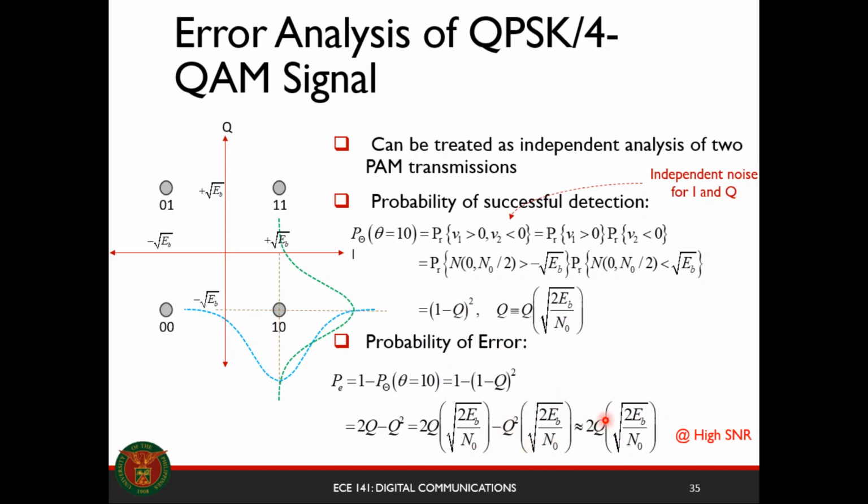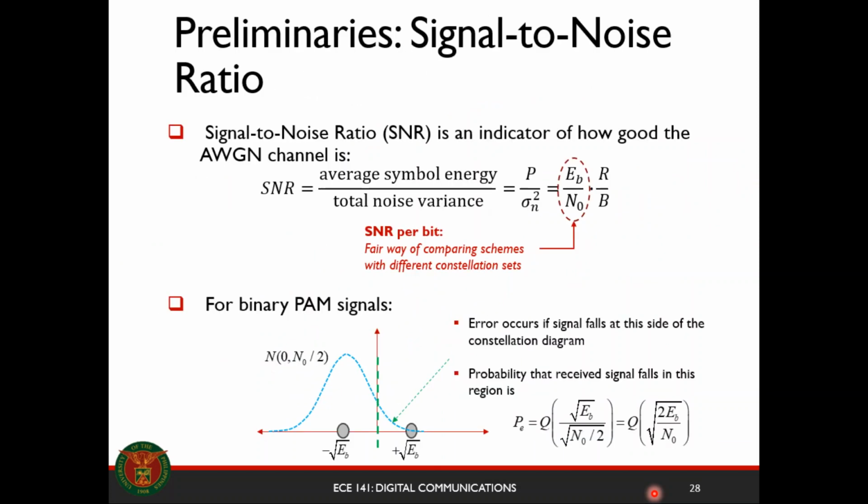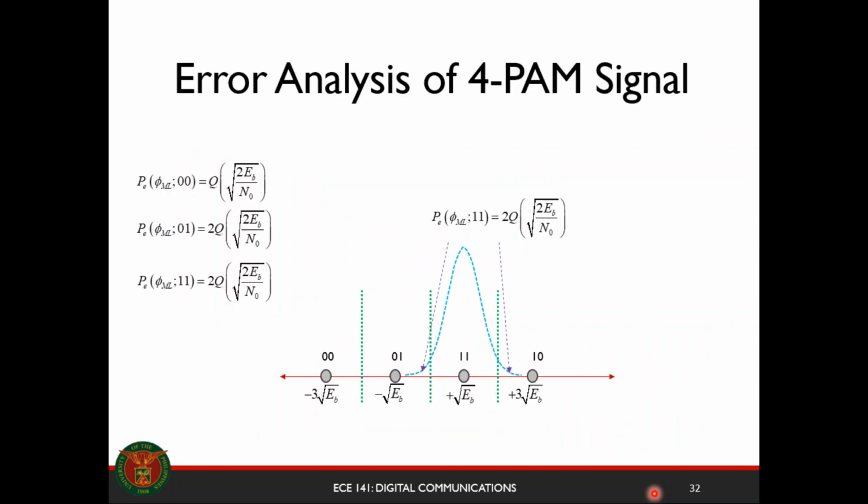At high SNR, you'll get this probability of error for your 4 QAM signal. So it's 2 times Q of square root of 2Eb over N0. So basically, compared to your 2 PAM signal right here, your probability of error is actually double compared to your binary PAM.